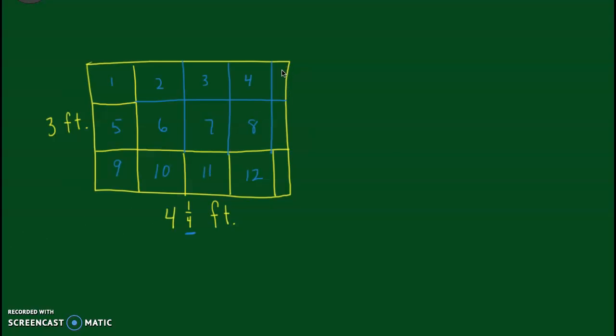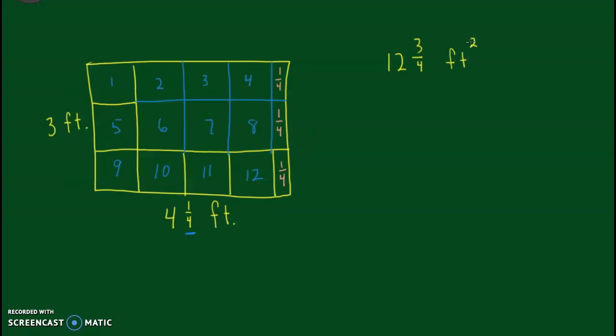And so this would be 1/4, this would be 1/4, and this would be 1/4. So if we take those fourths and put them together, we would have 3/4. So the total area of this particular shape would be 12 and 3/4 feet, and it's feet squared.